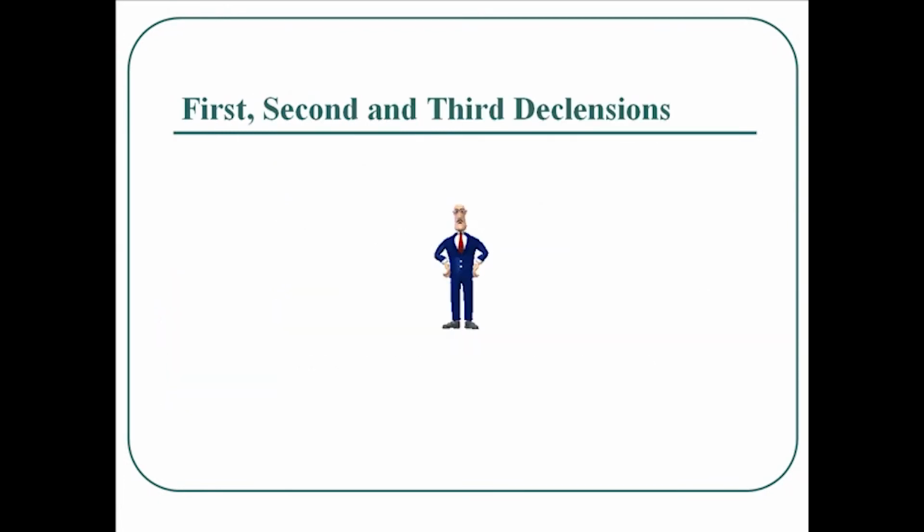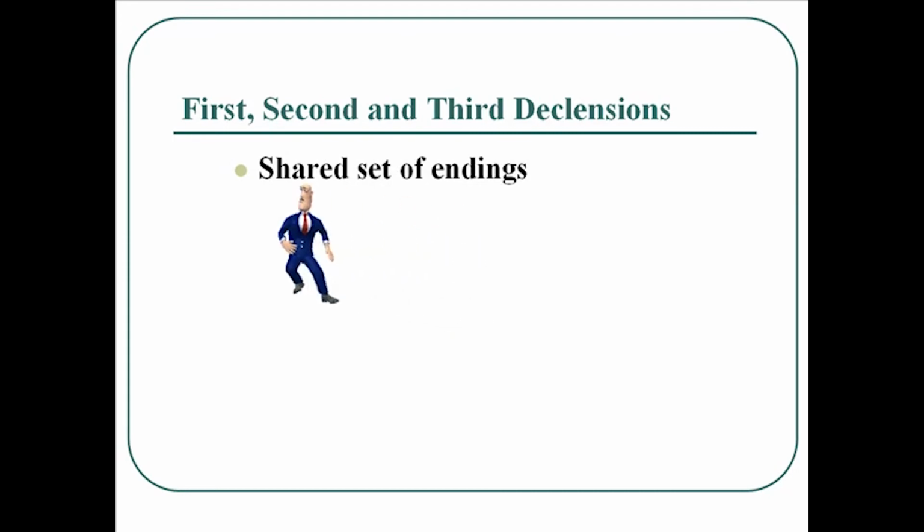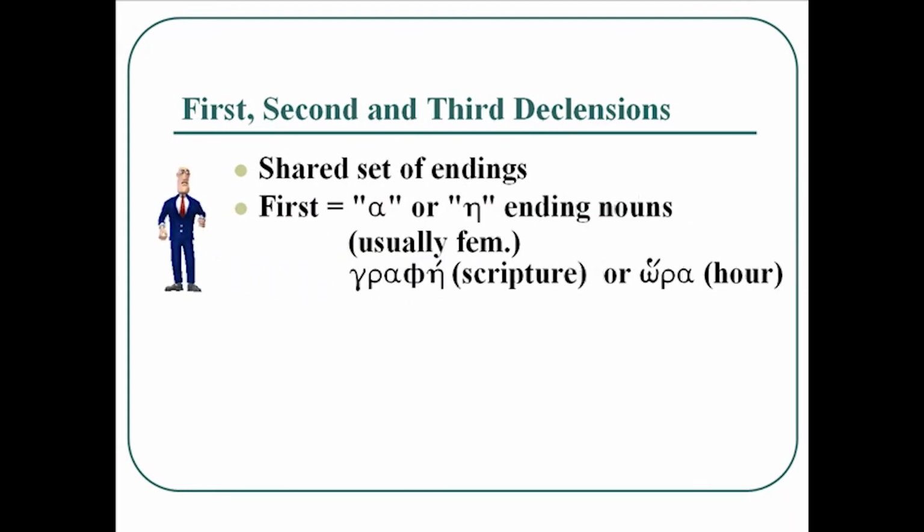There are 3 declensions for the nouns. What is a declension? A declension is a shared set of endings that are tagged on or fused on to the end of nouns. And so you have the first declension, which is alpha or eta ending nouns.